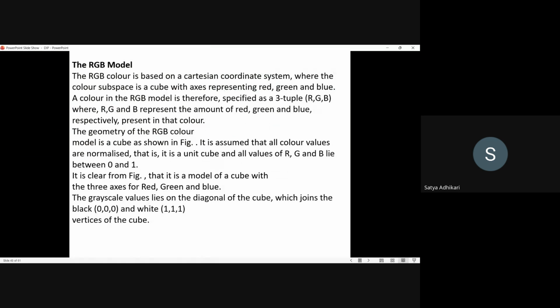It is assumed that all color values are normalized. That is, it is a unit cube and all values of R, G, and B lie between 0 and 1. So it is clear from the figure that it is a model of a cube with the three axes of red, green, and blue. The gray values lie on the diagonal of the cube, which joins the black and white colors.